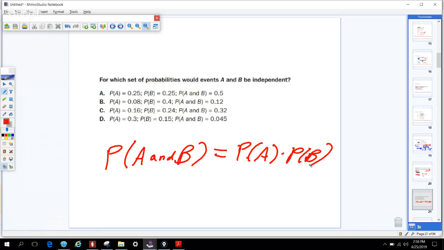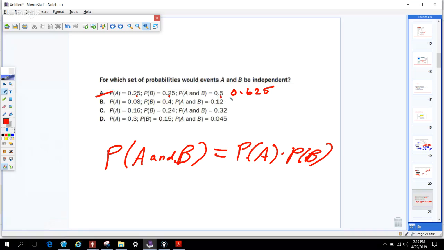Basically, what this formula says is that if you multiply these two numbers together and it equals this number, then it's independent. So when I multiplied 0.25 times 0.25, I got 0.625. Is 0.625 equal to 0.5? No, so it's not this one.